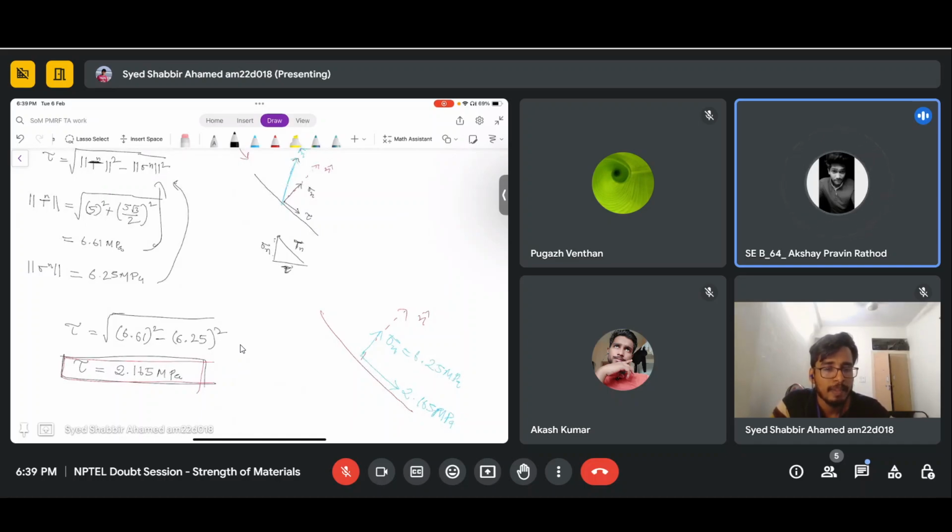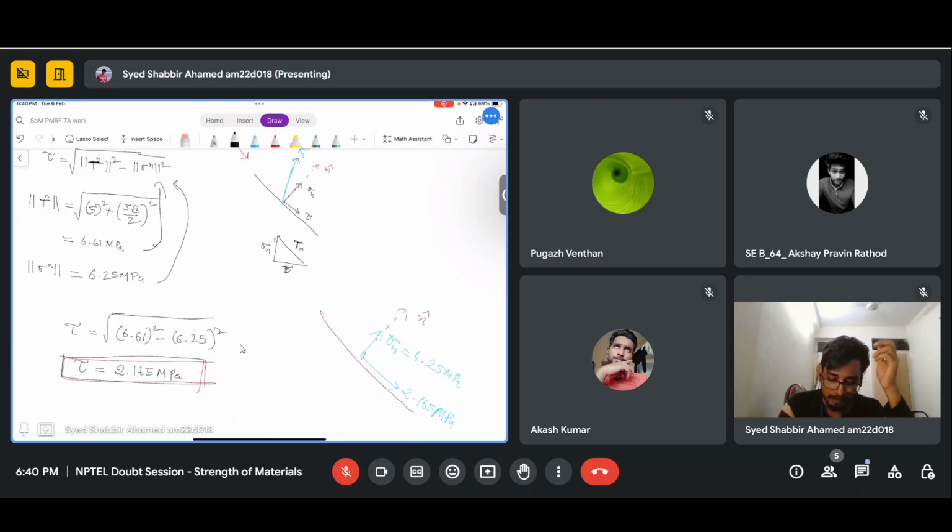Okay, normal stress, shear stress. Now it's correct, sir. Sorry, I made a mistake. I thought the equation below was also written wrong, but no, you wrote it correctly. I got confused, sir. Only the formula I have written wrong.